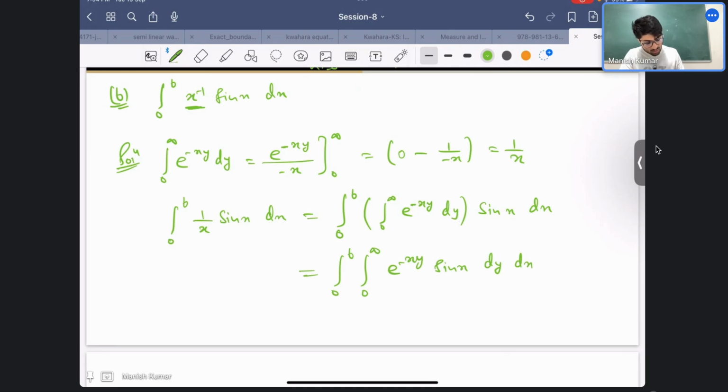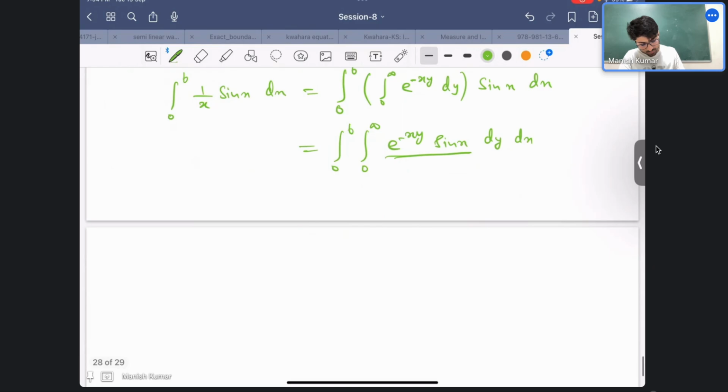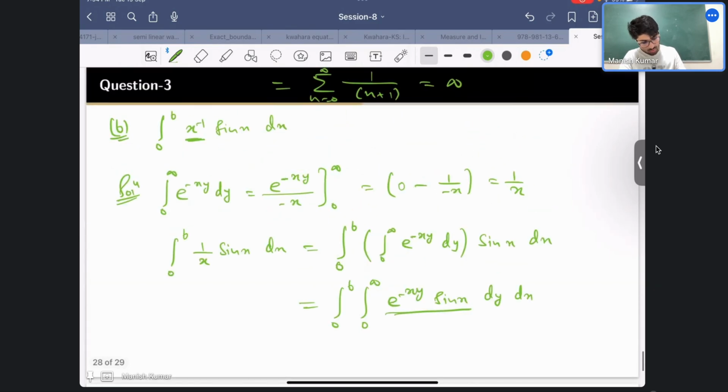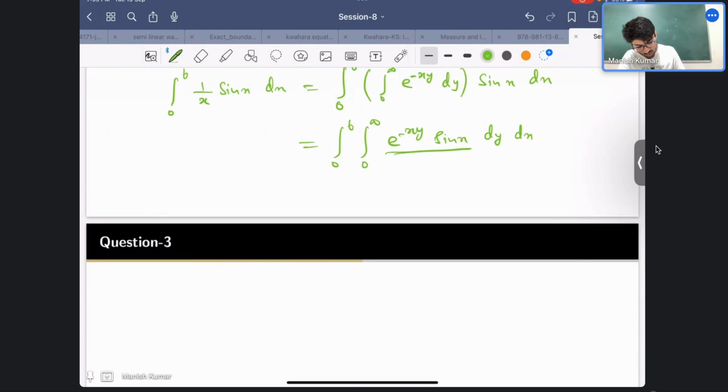Okay, so for applying Fubini theorem, since this is not a positive function, this function will take positive and negative values both. So what we need to make sure, so let me write it here somewhere.